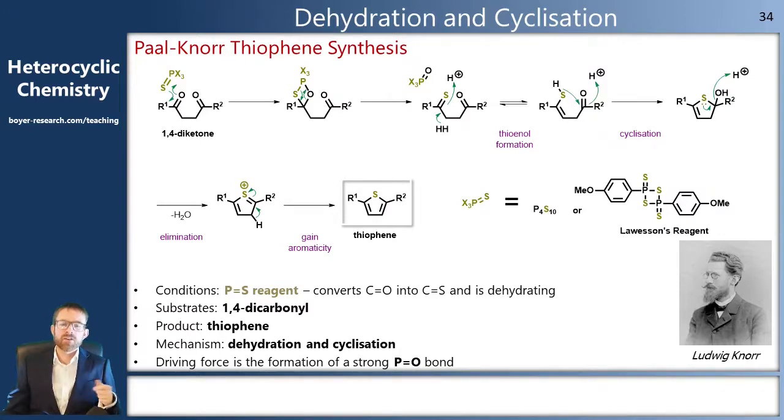Again, following the exact same mechanism at this stage as for the furan synthesis, we can form the sulfur equivalent of the enol keto tautomerization, intramolecular attack, and then elimination of water. This gives us the aromatic thiophene. And one of the reagents that we can use for this is Lawesson's reagent, which is shown on the screen, or P4S10.